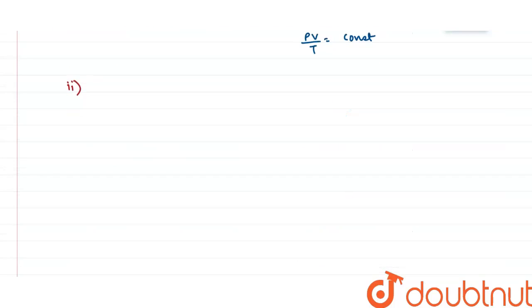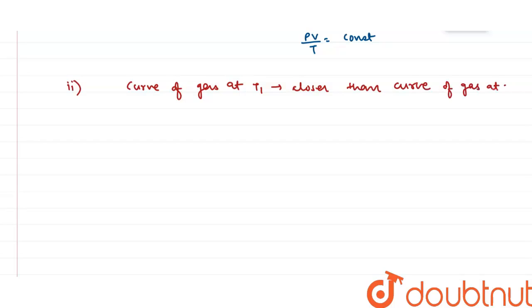That means I can write that the curve of the gas at T1 is closer than the curve of the gas at T2.